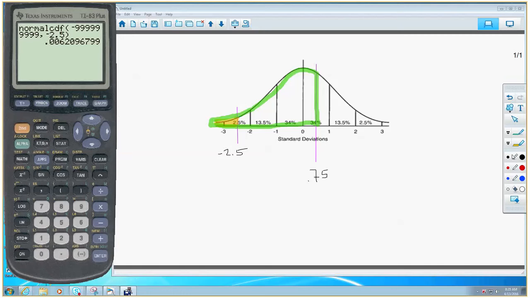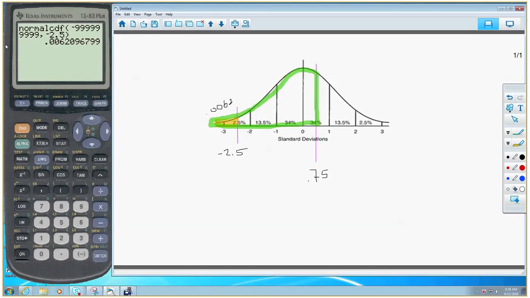So write that down. That's going to be 0.0062, taking it to 4 digits. That's the yellow.